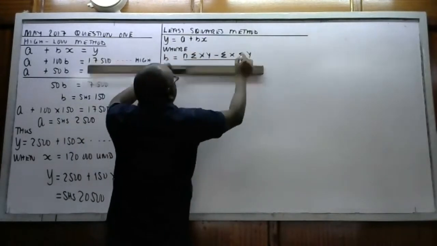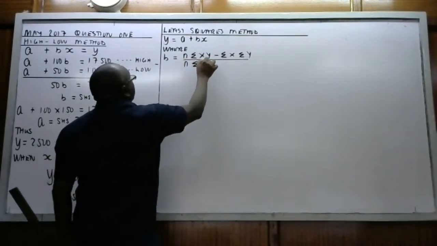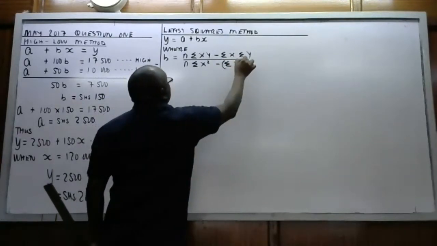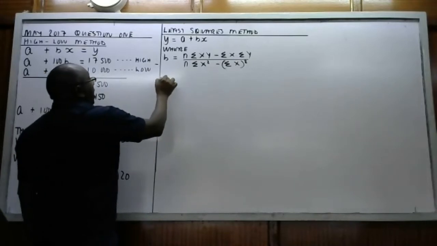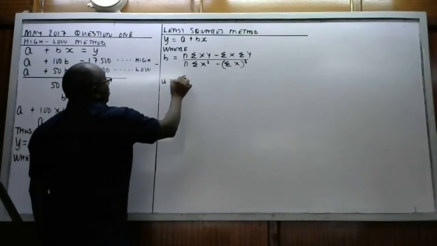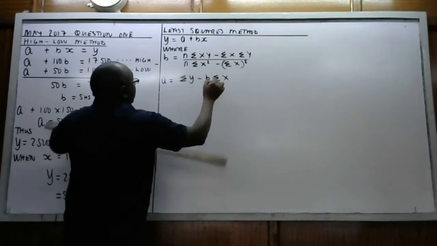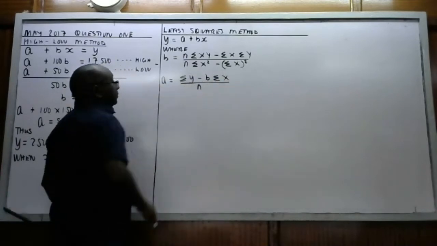You divide this by n sum of x squared minus sum of x, you square this. Then a is sum of y minus b sum of x, you divide by n.